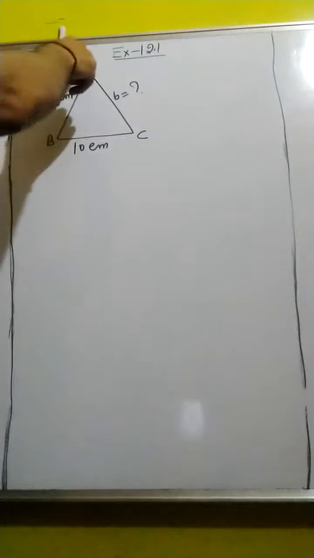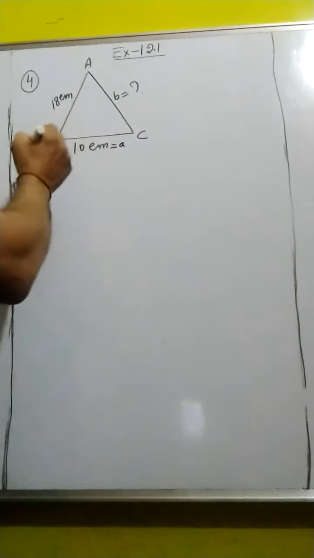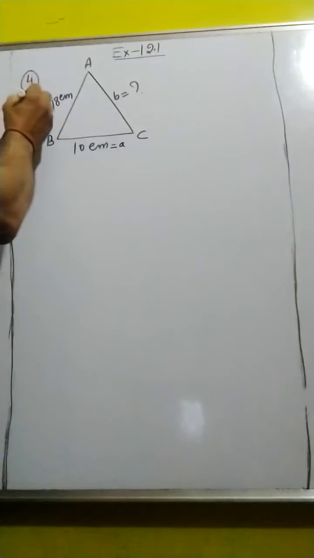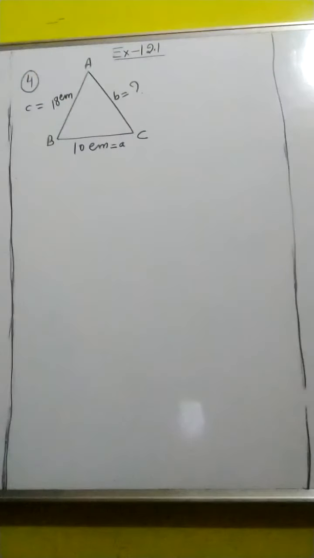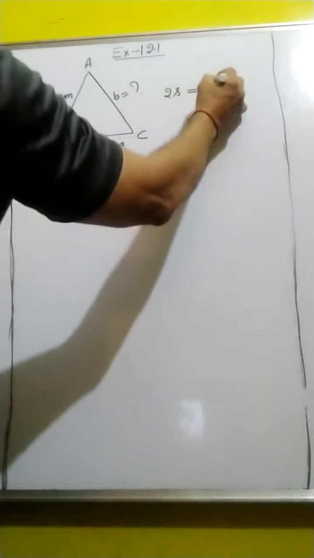Now the side opposite to angle A will be small a. The side opposite to angle C will be small c. It is also given that the perimeter of the triangle is 42. Perimeter means 2s. 2s is equal to 42.